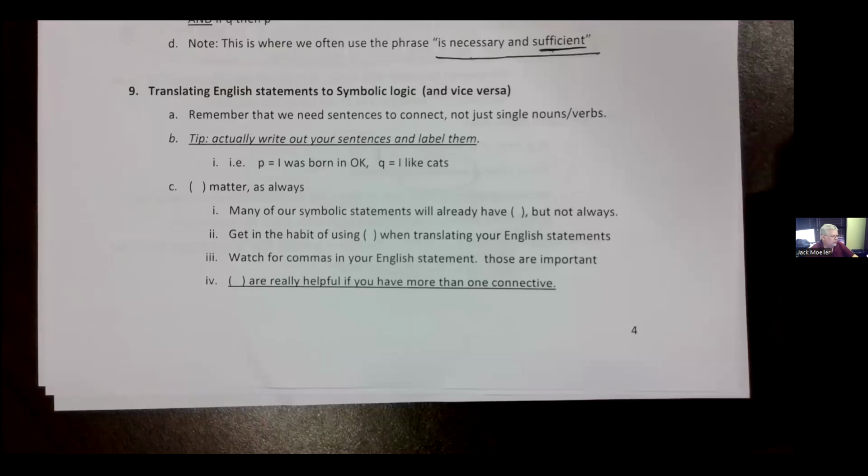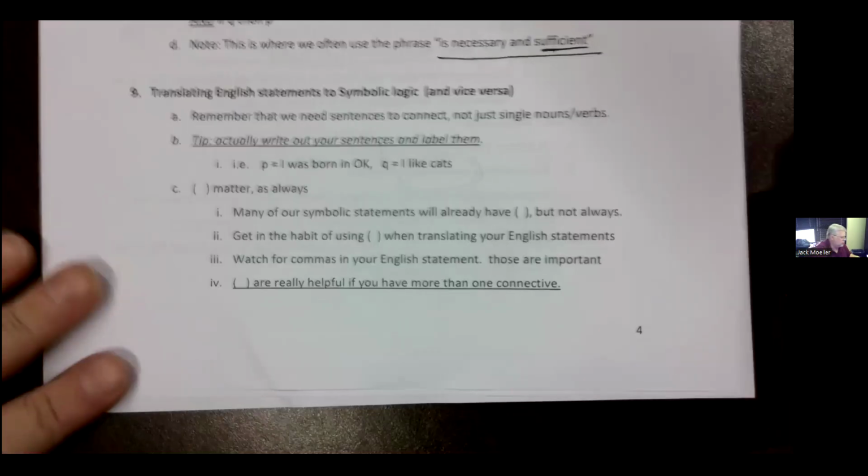And parentheses are like grouping symbols in this logic part, so that works like order of operations. Think of it that way. What that means is that, typically if we start with symbols, we're going to give you the parentheses. But if we're starting with English statements and you're putting them into symbols, you need to figure out where the parentheses go.